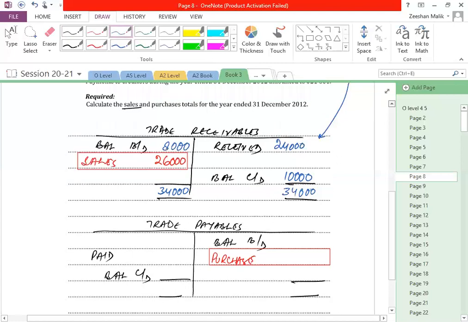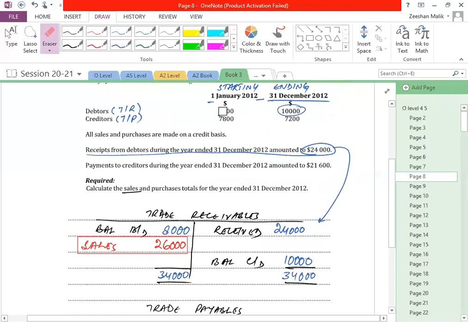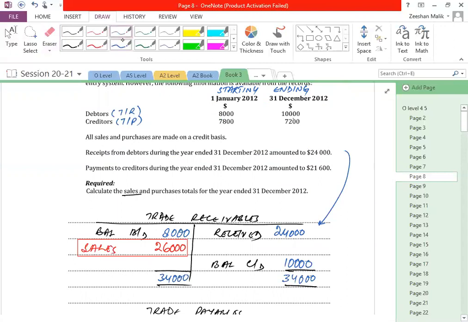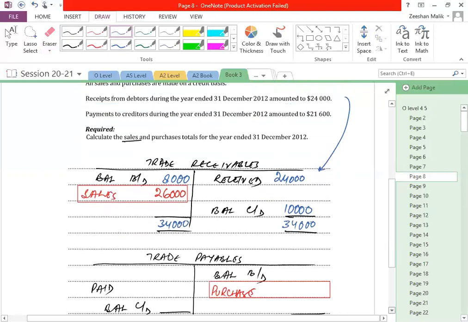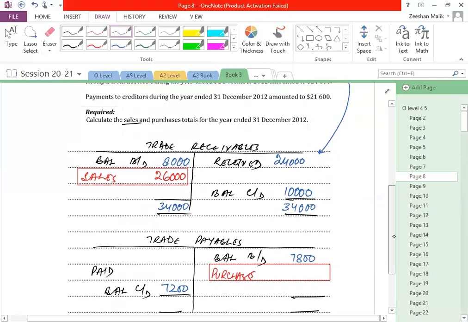So again, I need opening and closing balances. So opening and closing balances are 78 and 72. And amount paid.